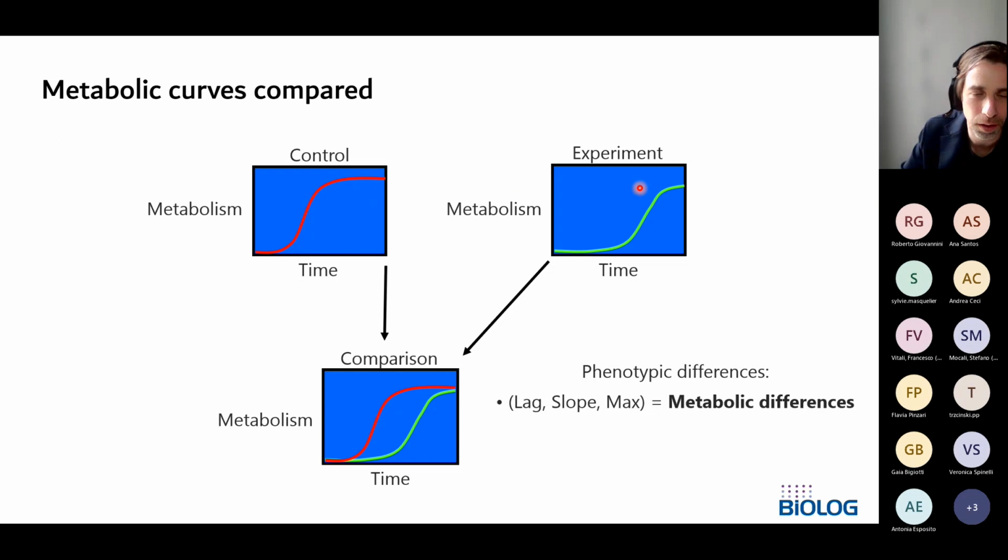You can see here the example is clear. To control an experiment, so control and treated in a certain metabolism, X metabolism over time. If you read endpoint, they have the same results. If you read over time, it appears clear that there's a huge difference in the lag time and the area under the curve.